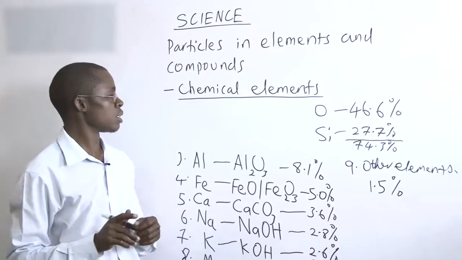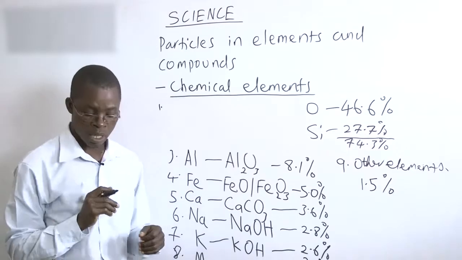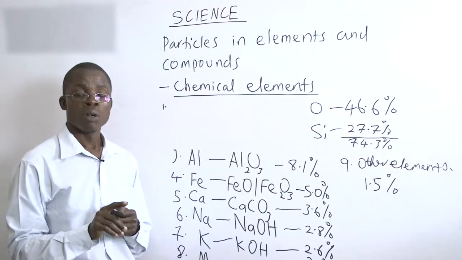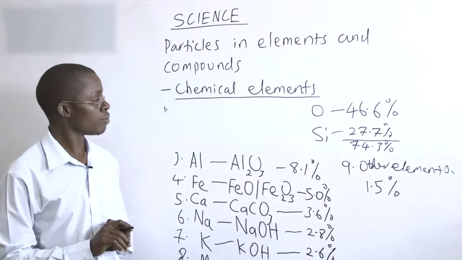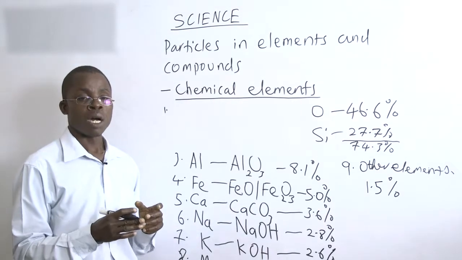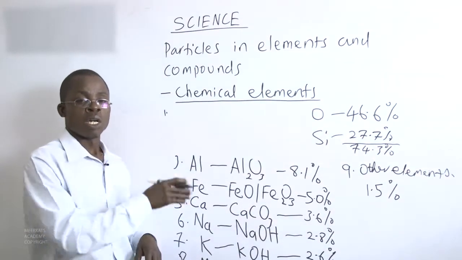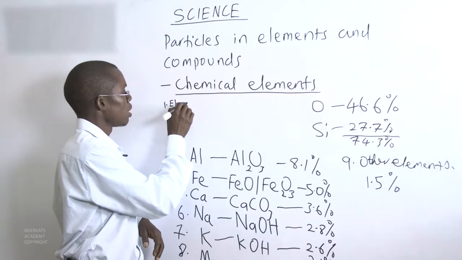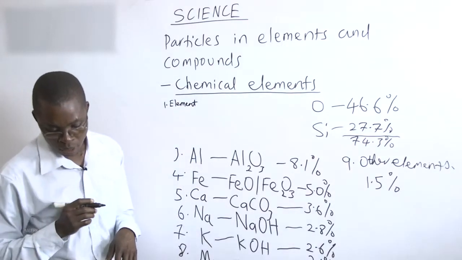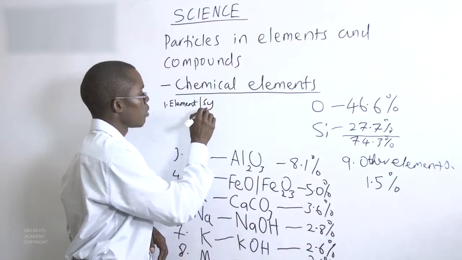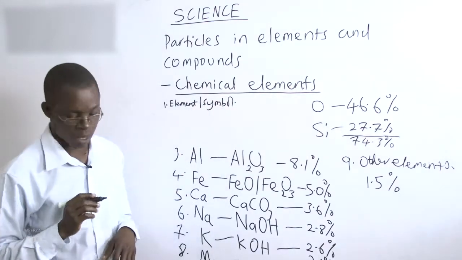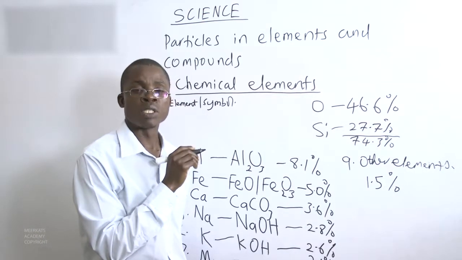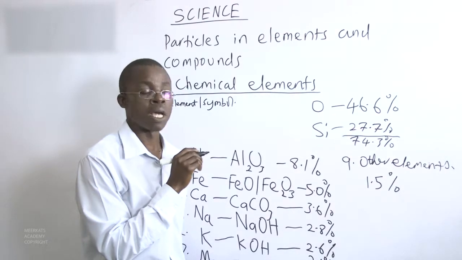The simple exercise here is, there are two questions we are going to look at, and the first question is, I would like you to fill the following table. You will create a table, and the table should have columns as follows. We need to see the element. The second one, we have to look at the symbol of that element. Then we have to identify the scientist who discovered the element.